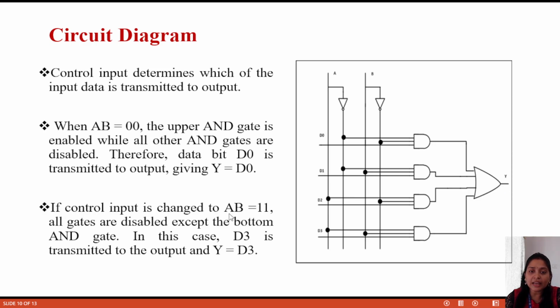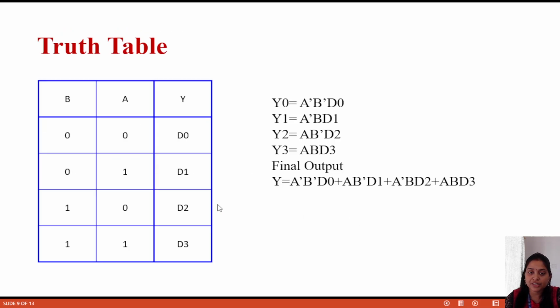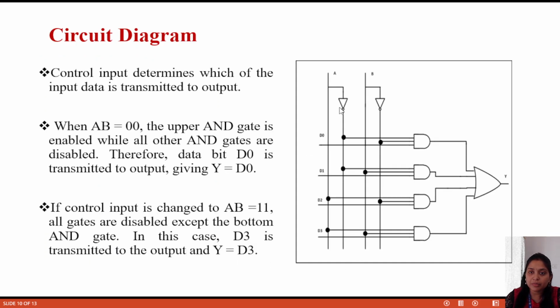Then I have taken another combination, 1 1. With 1 1, D3 will go. D3 is directly connected to this AND gate, and A and B are also directly connected here. So when the 1 1 combination is there, only this AND gate is high, and all other AND gates will be 0.